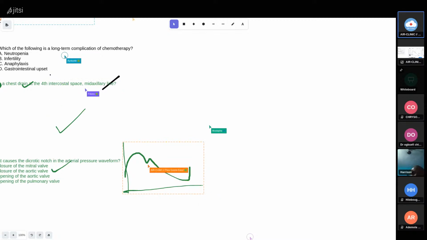This place is known as the dicrotic notch. All right, so that's basically it. Remember that it's the aortic arterial pressure, so it's closure of the aortic valve that causes that notch there.